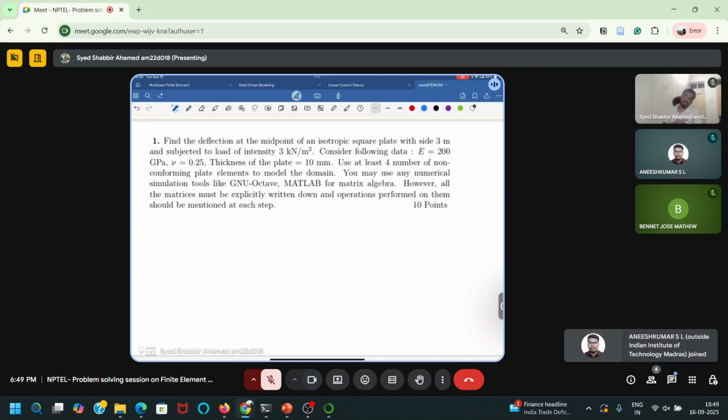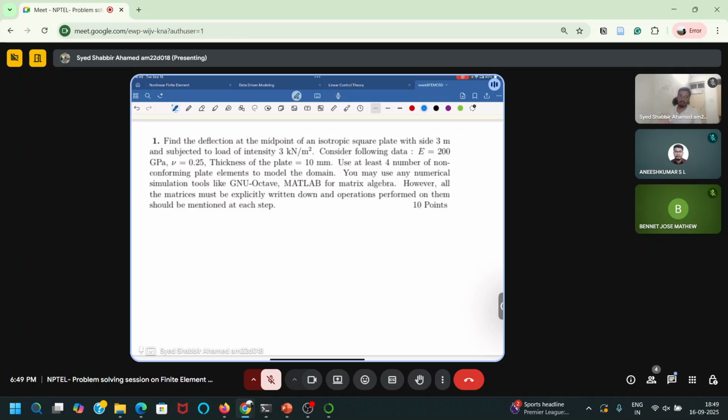As I said, this course doesn't discuss everything in detail. If you have not taken some course on finite element earlier, it will be a little bit difficult for you, because you have to read it again, redo a lot of things and practice a lot, then you will understand these things. So this course is not very straightforward and simple. It is complex, and it is also vast.